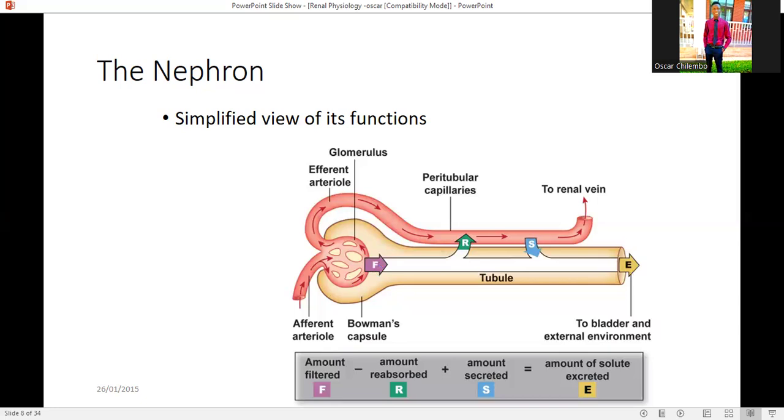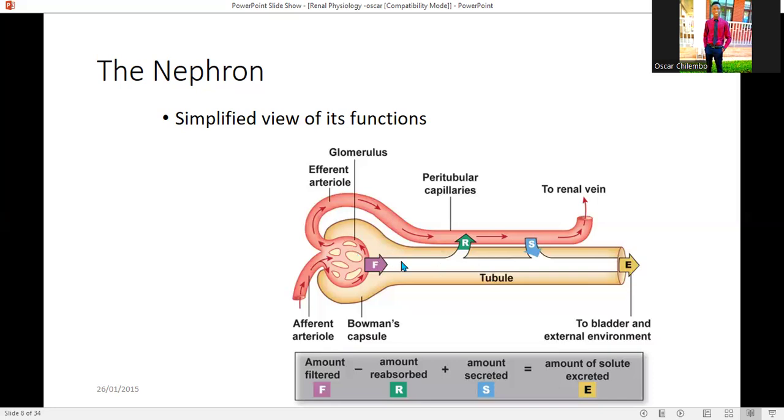So what really happens in the formation of urine is that we have four major processes. I can say three, because the last one is not really major. So we have filtration. Filtration is a passive process. In filtration, certain substances are filtered and go into the tube.